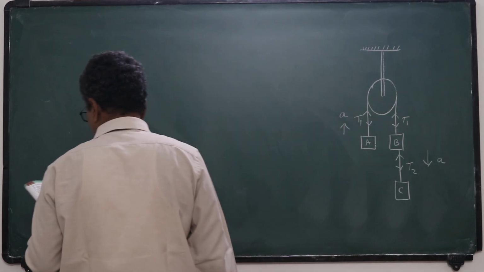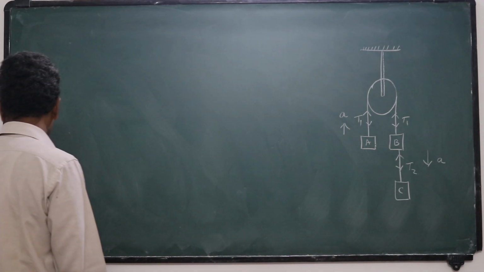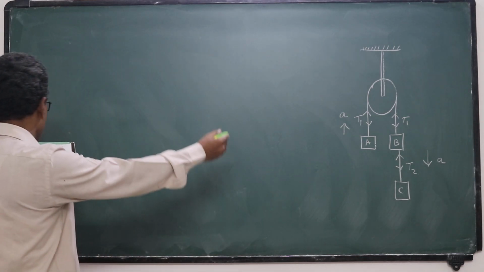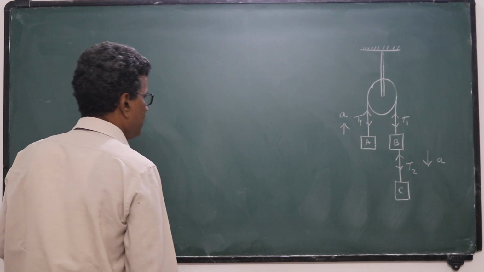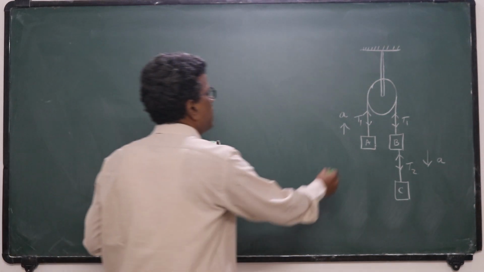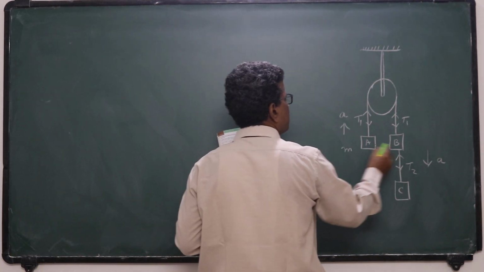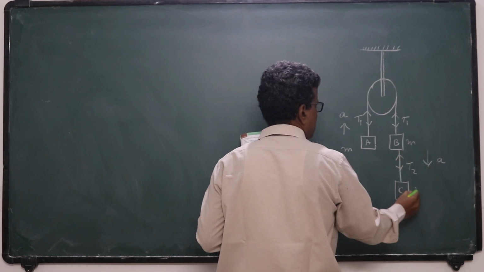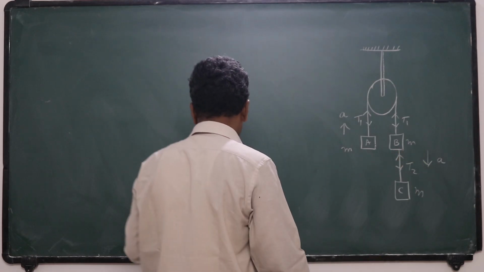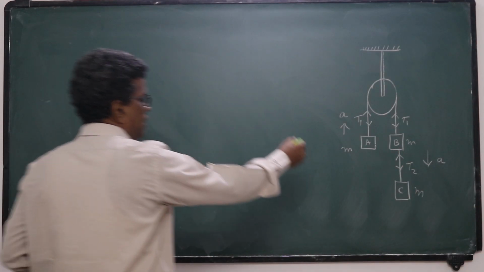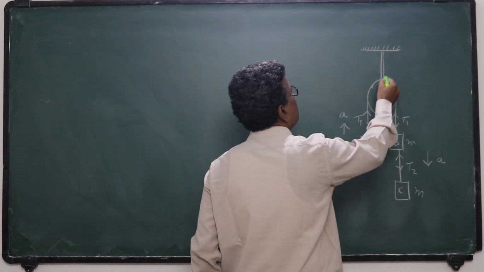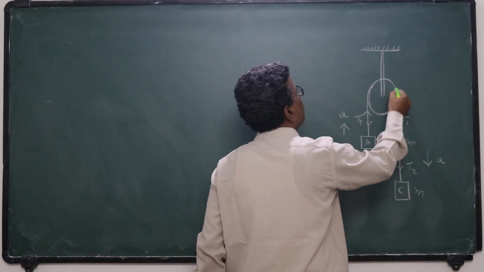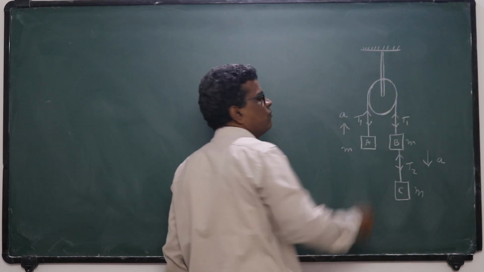Three equal weights, each of mass m, hang from a string passed over a fixed pulley as shown in the figure. The mass of A is m, mass of B is m, mass of C is m. So these are identical masses. They are connected with the help of two strings as shown in the figure, with the help of this pulley, which is fixed to the roof.